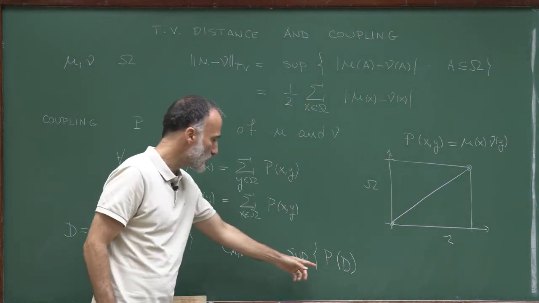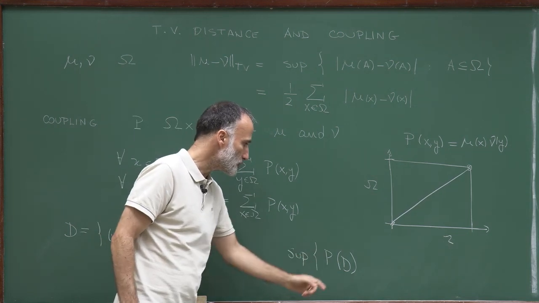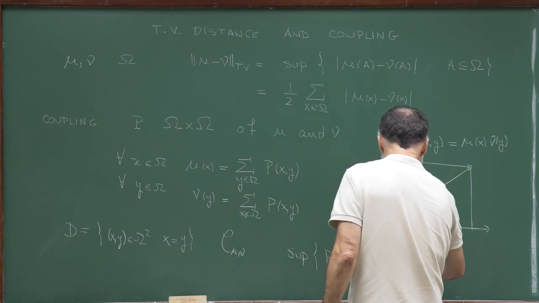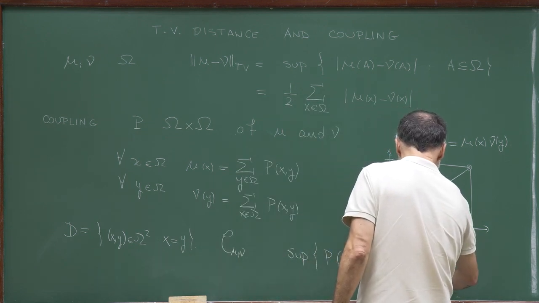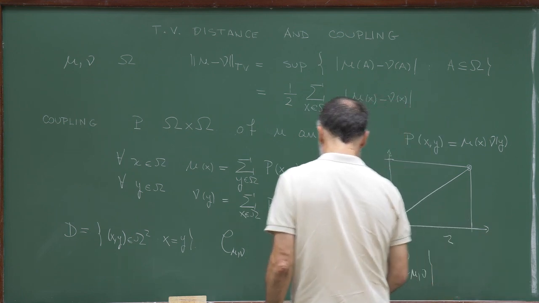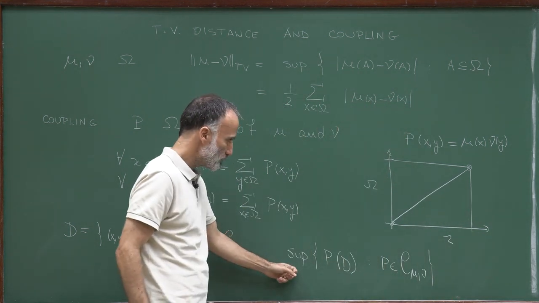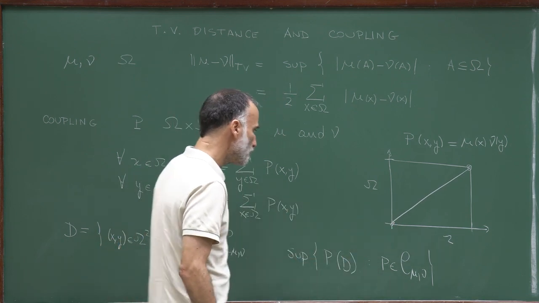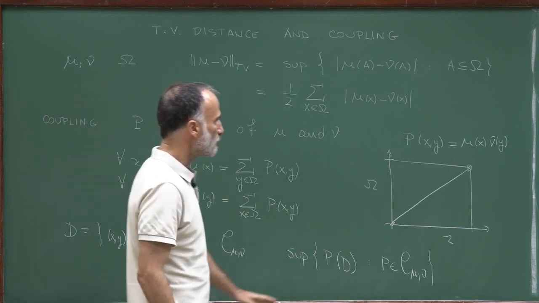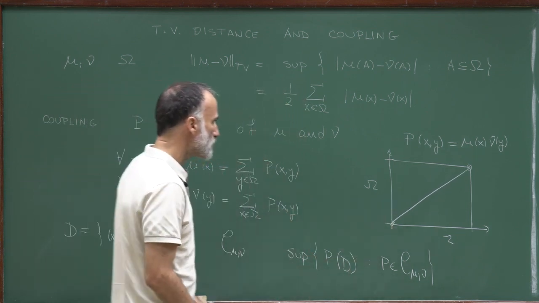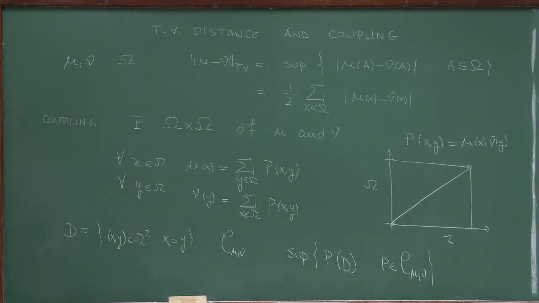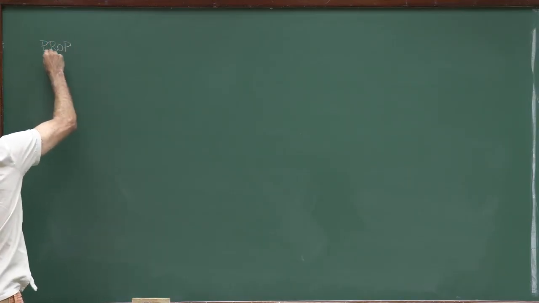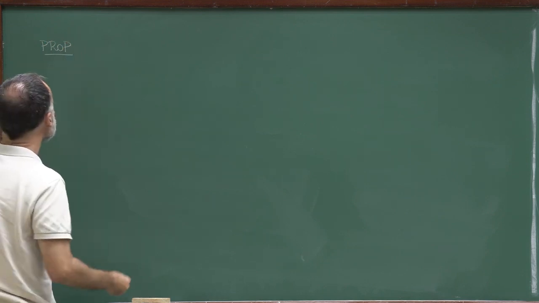So what is the coupling which maximizes the probability of the diagonal among all P in C(mu,nu)? And this is a simple question which I will address now. And here is the proposition which answers this question.